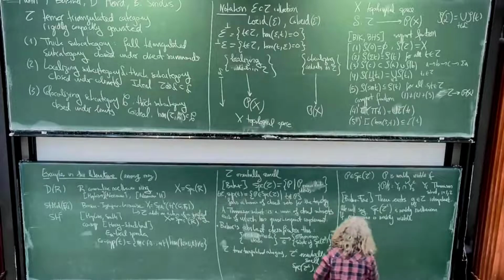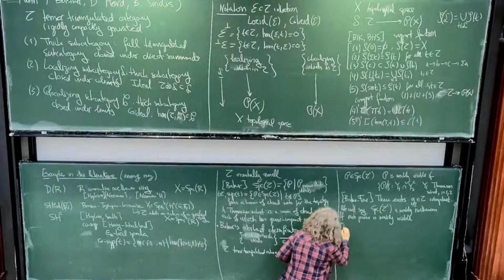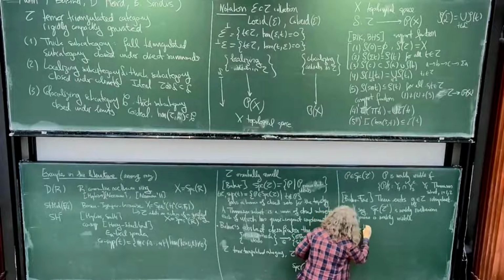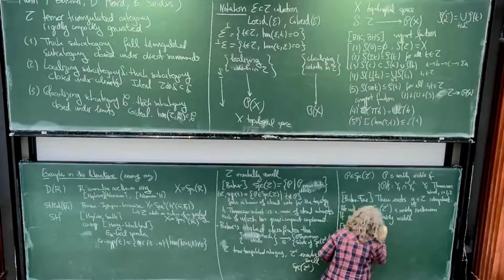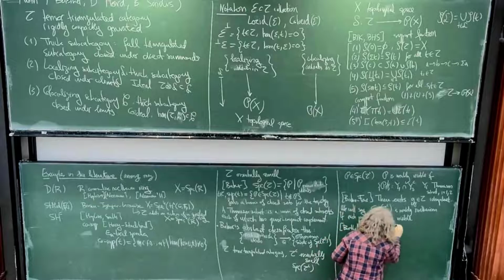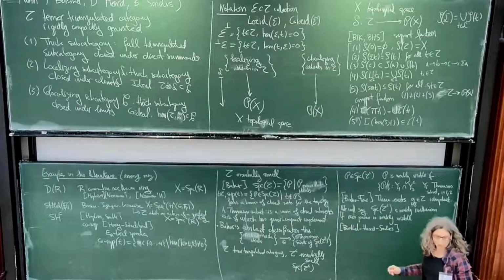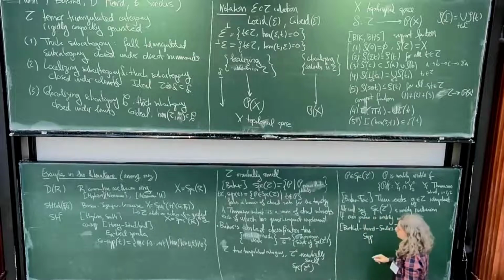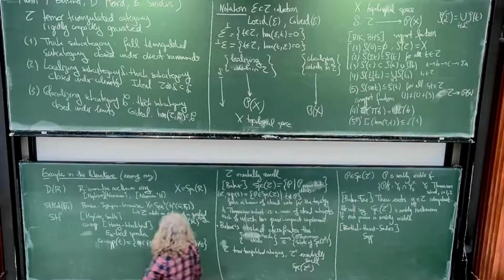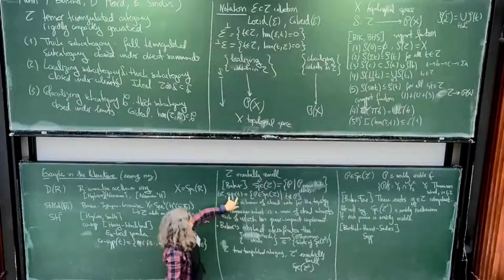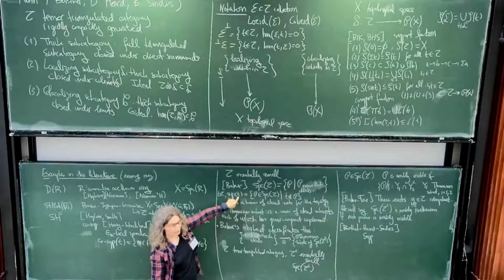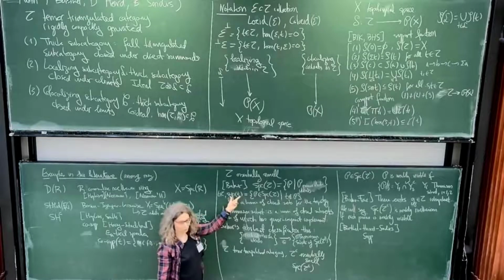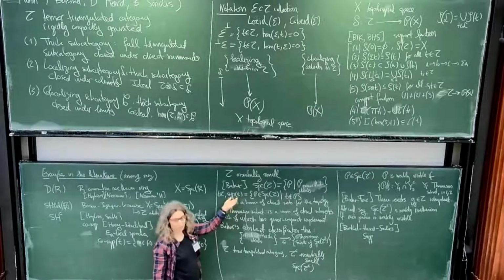And then it goes in the work of Barthel, Heard and Sanders that they define a support function. Here we already have a definition for the support of compact objects that comes with the Balmer spectrum: the basis of closed sets is given by the support of compact objects.